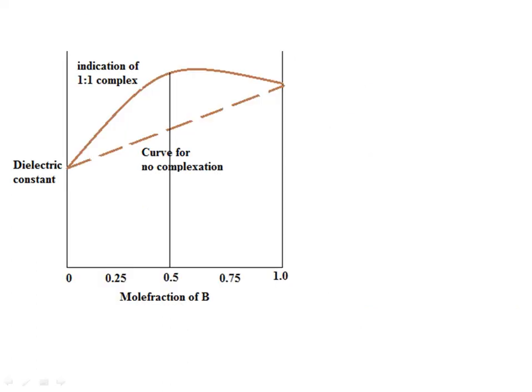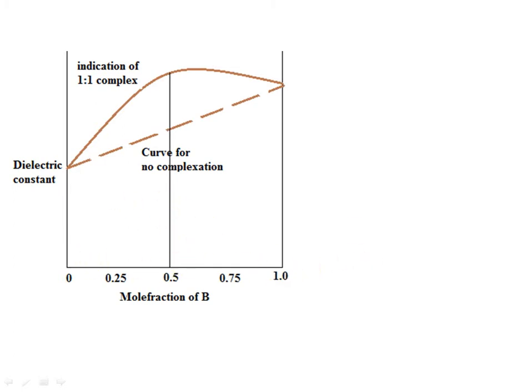Now if you take the example of dielectric constant, this is the mole fraction of these two substances, and you continuously increase the mole fraction of B. Then what happens when you take these two substances in the ratio of 1:1? This is the exact ratio of these two substances.